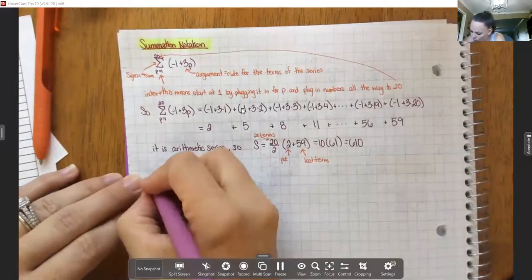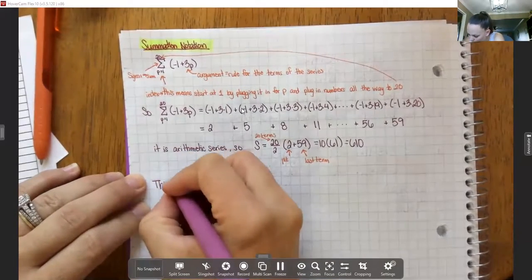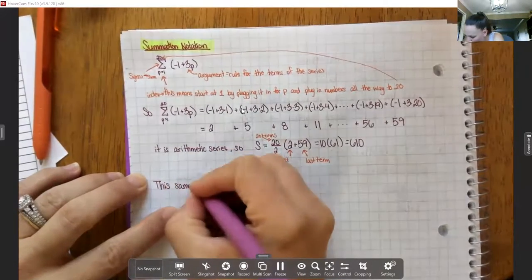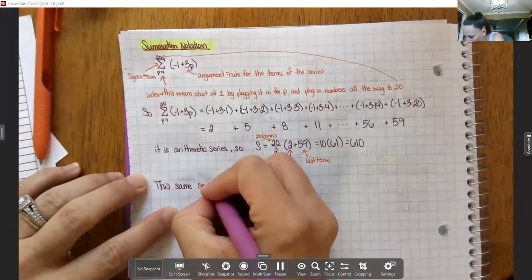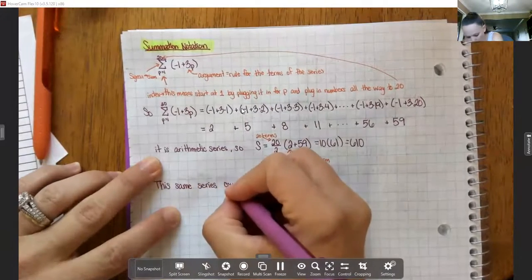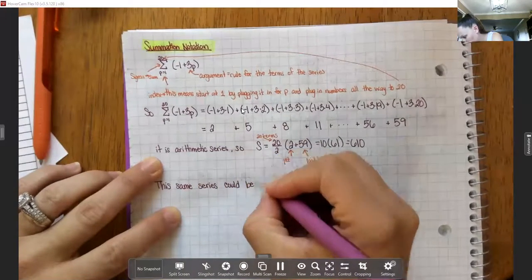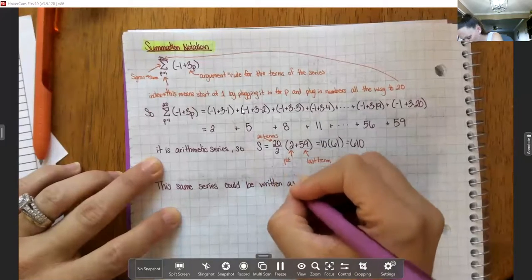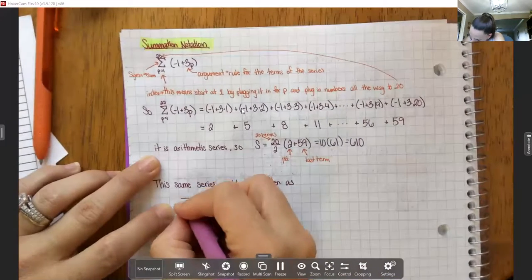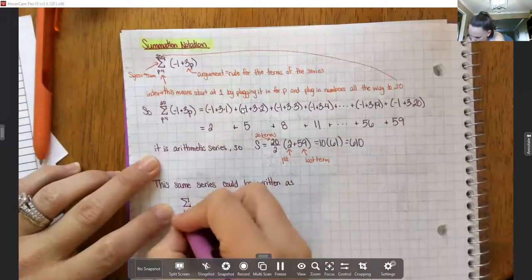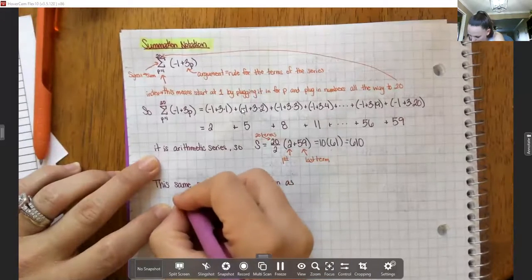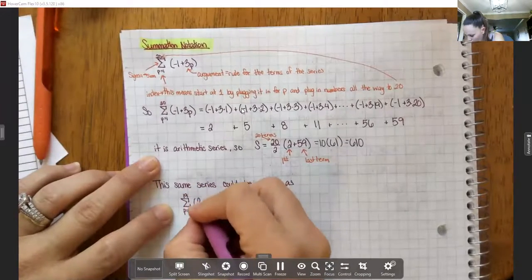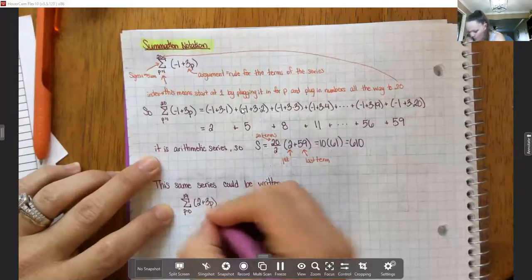Also, this is kind of what the book said. This same series could be written as sigma from p equals 0 to 19 of 2 plus 3p.